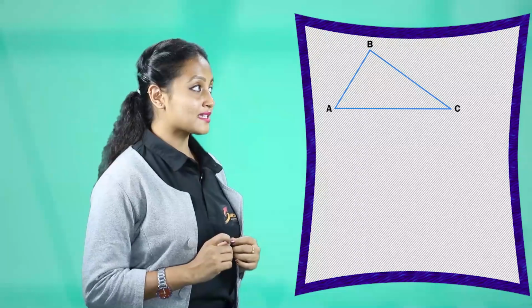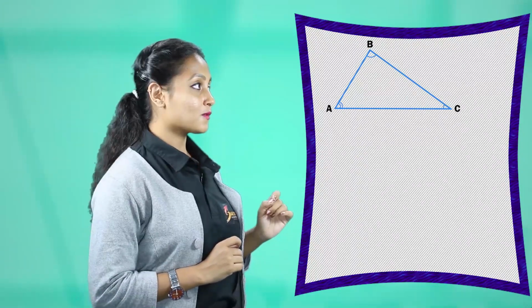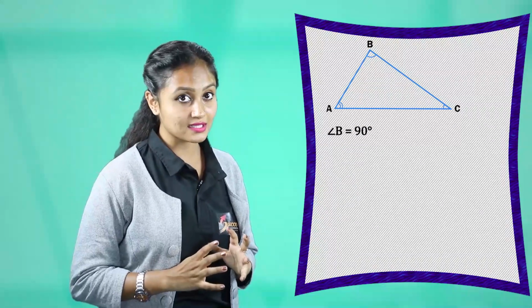Pythagoras theorem. In your previous classes, you have learnt about the Pythagoras theorem, which says that the square on the hypotenuse is equal to the sum of the squares of the other two sides. Now, let us consider a right angle triangle, triangle ABC, right angled at B. So angle B is equal to 90 degrees.